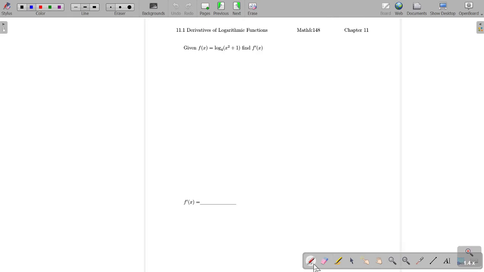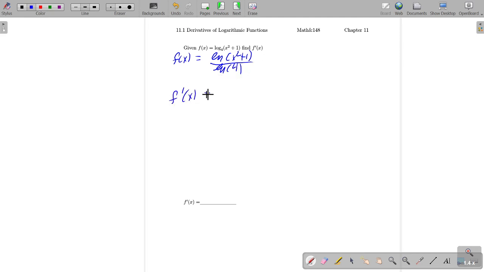So go ahead and take the derivative of this. So we need to take the natural log of x squared plus 1 over the natural log of 4.